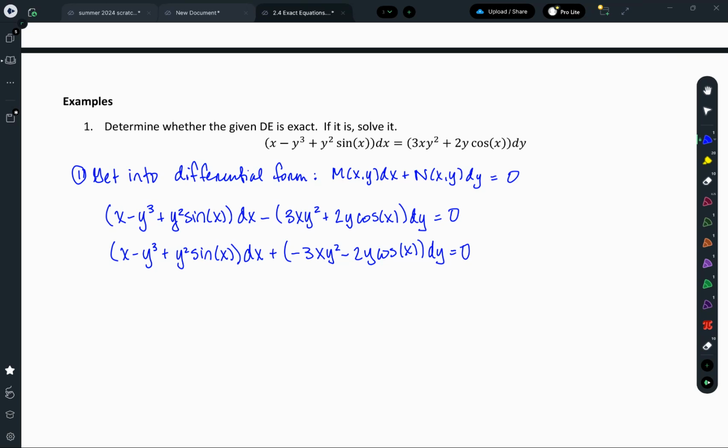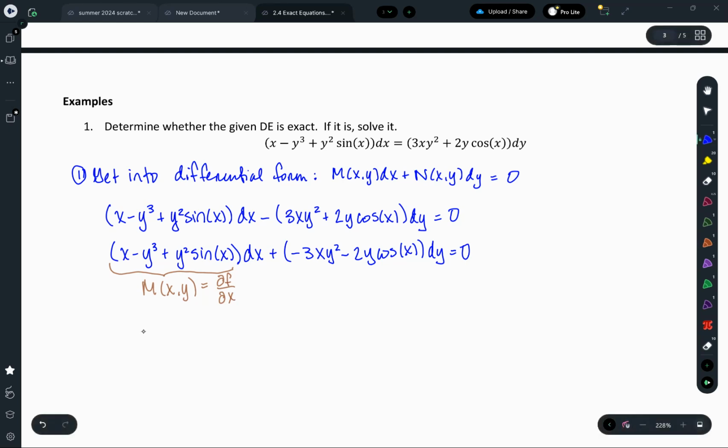The factor in front of dx, that is my M of xy. The fact that there's a dx in front of it tells me that M of xy would possibly have been a partial derivative of f with respect to x. So the dx is telling me which partial derivative has already been found.